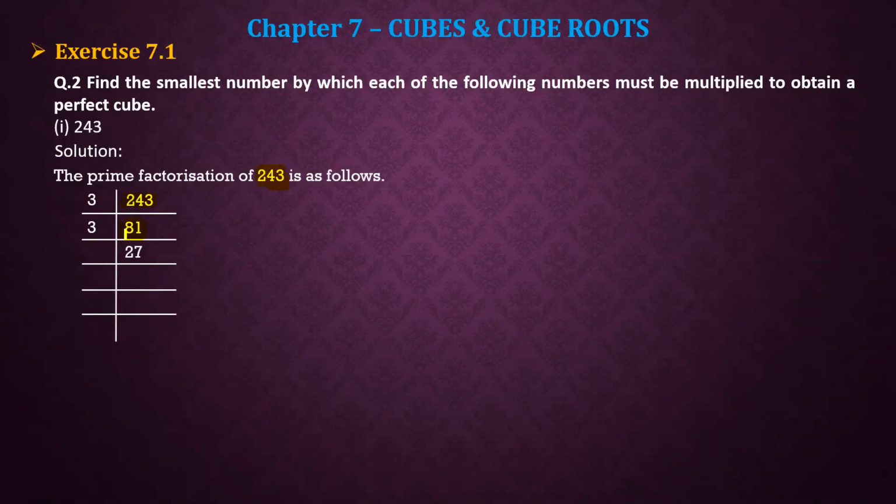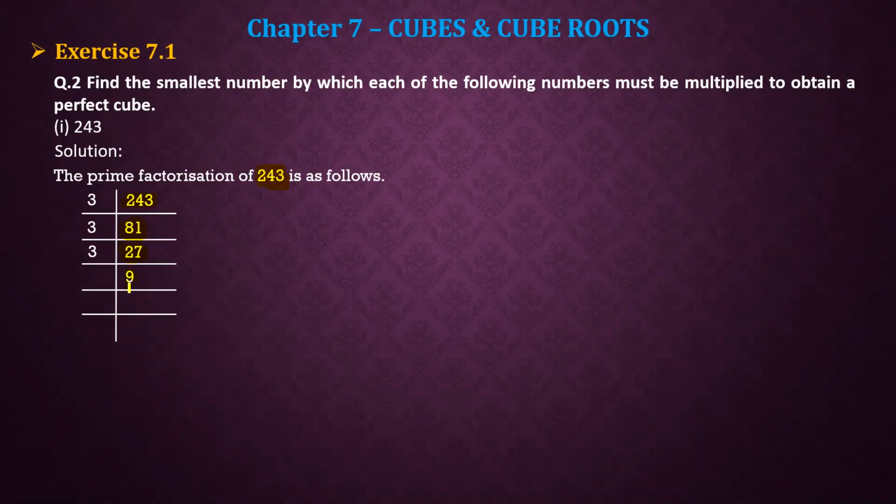Now, if we consider the 3 table, is 27 divisible by 3? You have to think about that. Yes, obviously it is divisible by 3, because 3 9s are 27. So we obtain 9.